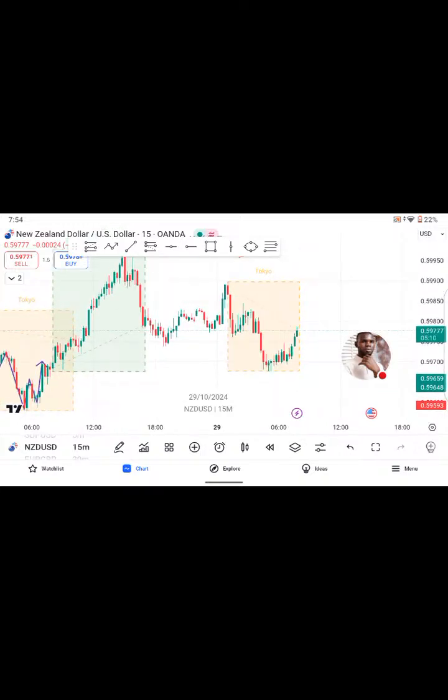For USD, there is no setup as well on USD.